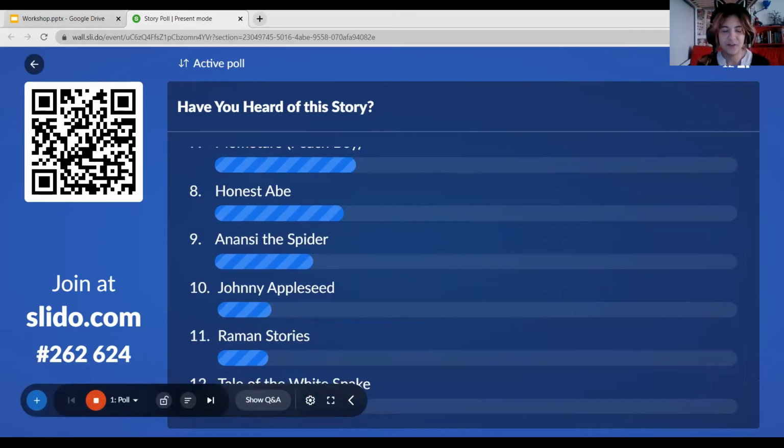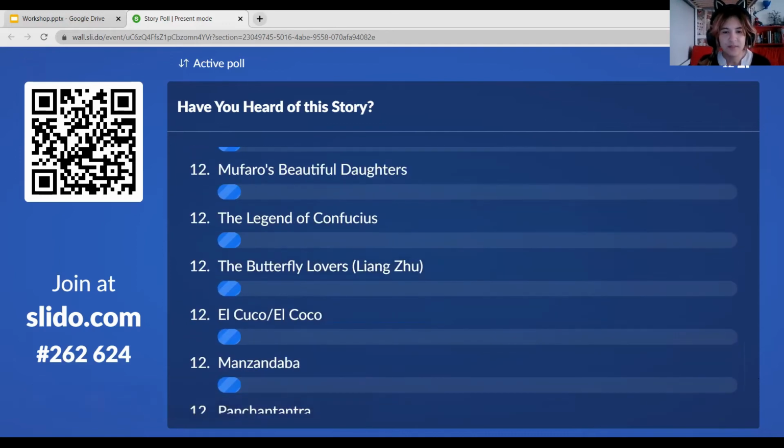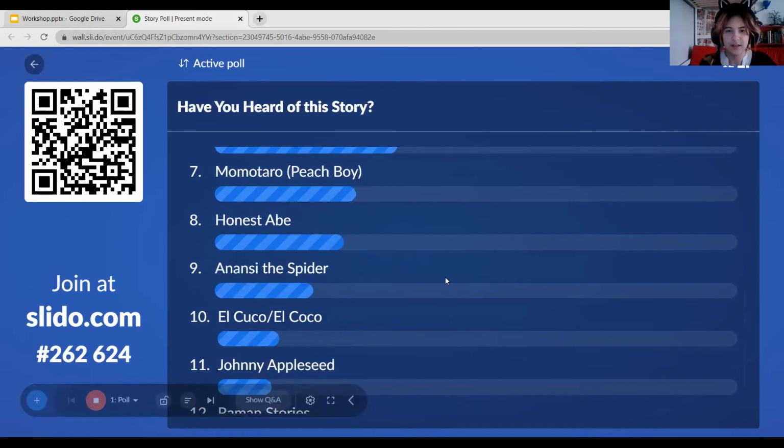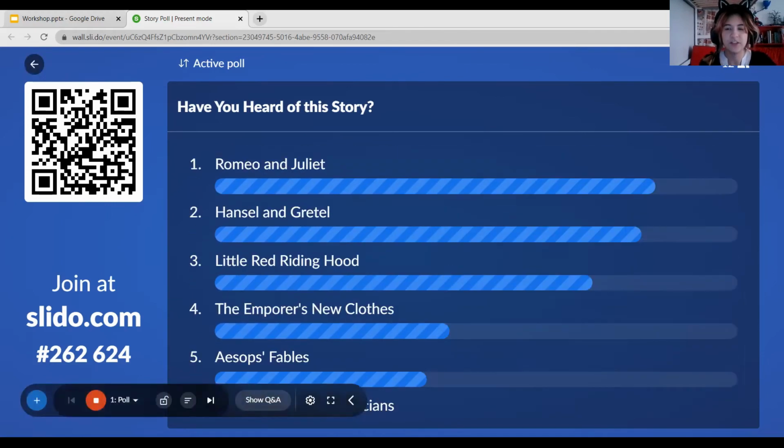For example, I believe The Butterfly Lovers was a similar story, but from Chinese origin. Correct me if I'm wrong, it was pretty much like Romeo and Juliet, except much older. Yet the story that most people know is the one from Shakespeare.